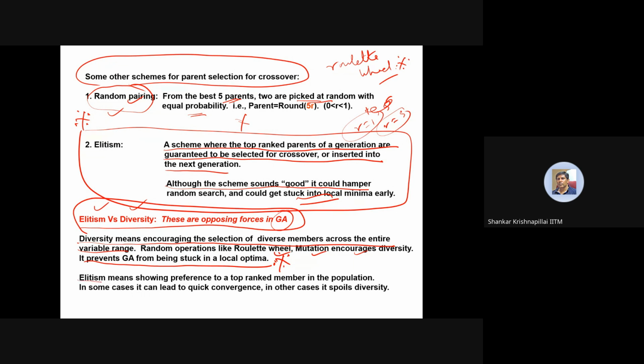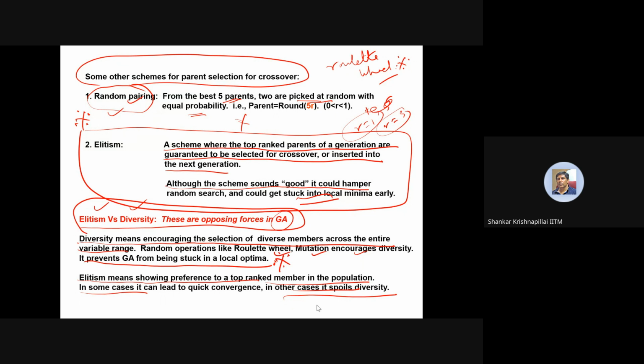But on the other hand, elitism means showing preference to a top ranked member in the population. In some cases, by luck, it can lead to quick convergence because that particular highly ranked member may be coming from the global optimum. But if it is not like that, you will get stuck in some local optimum.